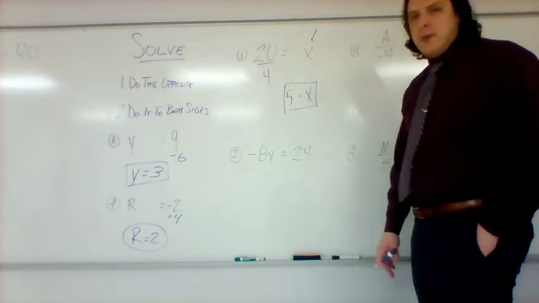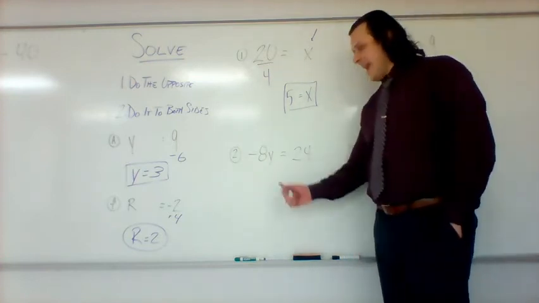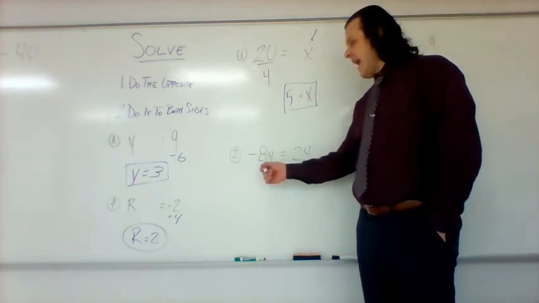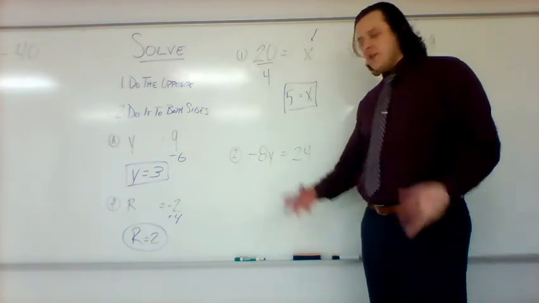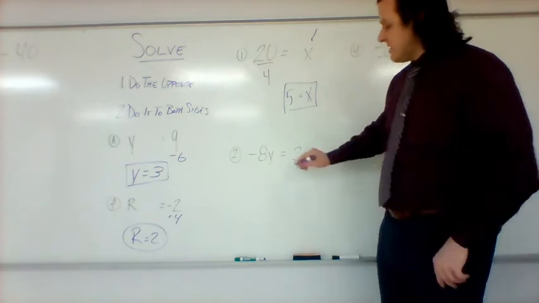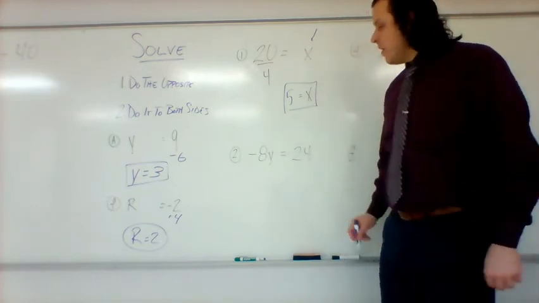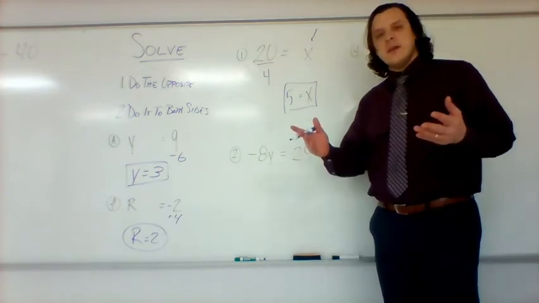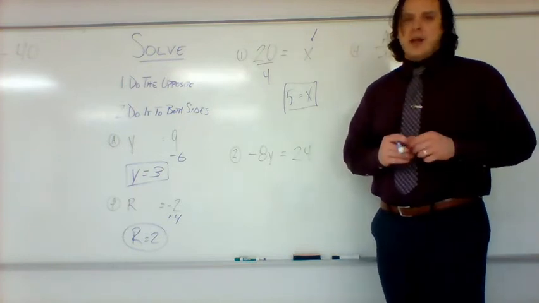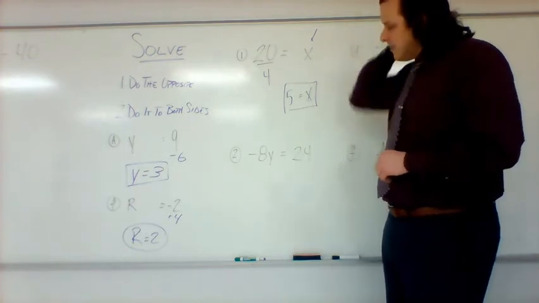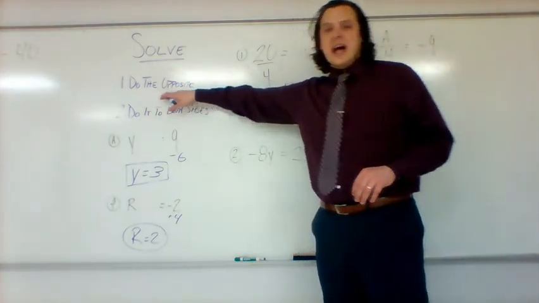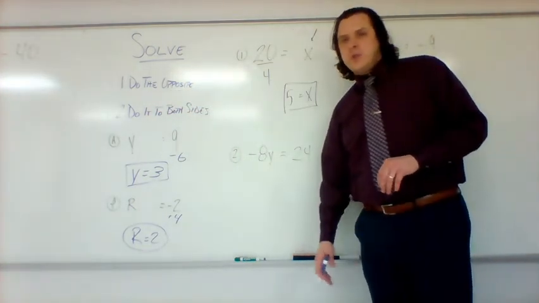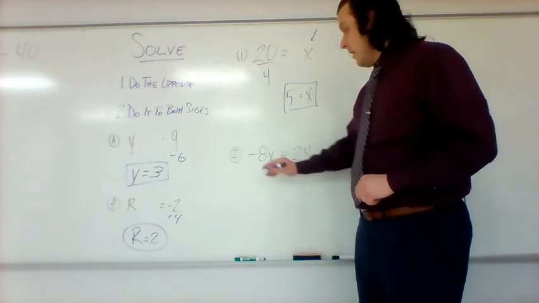Okay, so let's try problem 2 down here. This is a negative 8. What's happening between negative 8 and this y? They're just bunched together. I don't see anything that's happening between them, which means they must be multiplying. These two numbers are timesing each other, and we need to do the opposite. So what's the opposite of multiplication? Well, it's division.